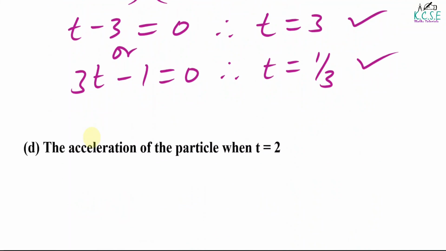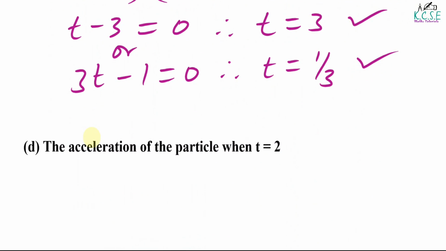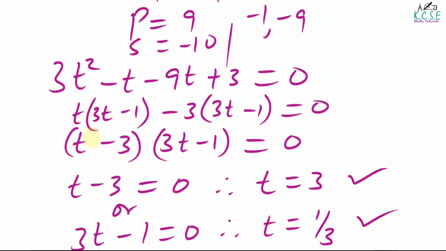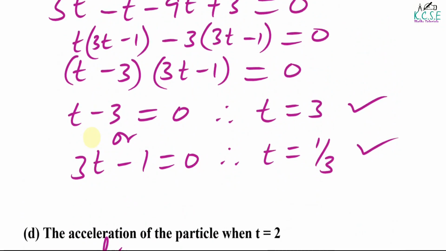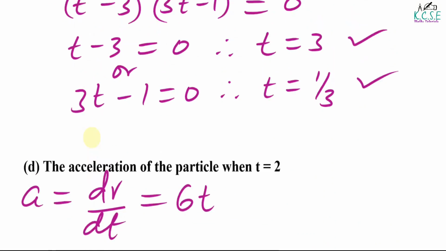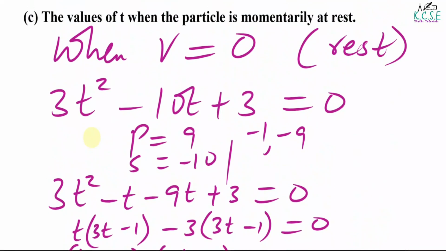The last one is the acceleration of the particle when t equals 2. To obtain acceleration, we differentiate velocity with respect to t. So we take the expression for velocity and differentiate it, and it gives acceleration: 6t minus 10.